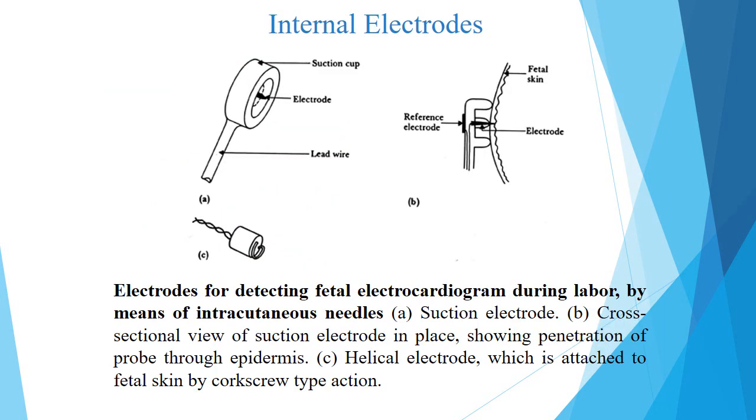Depth electrodes are used to study the electrical activity of the neurons in superficial layers of the brain, whereas the needle electrodes are used to record the peripheral nerve action potential, which is electroneurography. These internal electrodes are also used for detecting the fetal electrocardiogram during labor by means of the needle electrode.